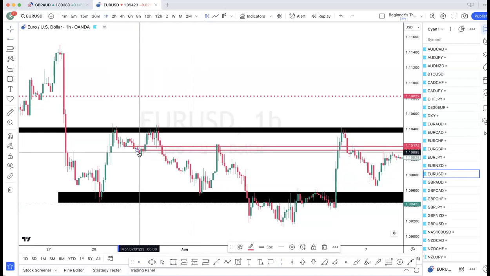So price closed below those zones. So what did it do? It pulled back, and then the bias was for the sell.